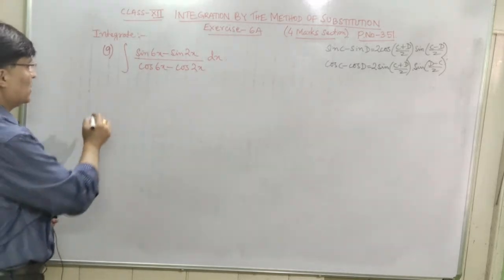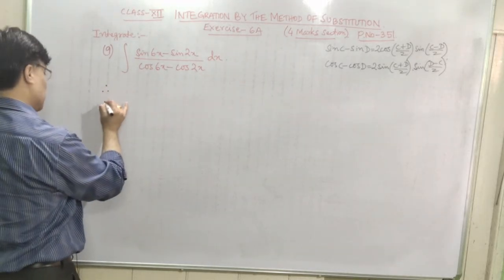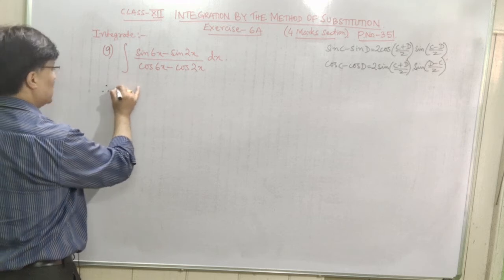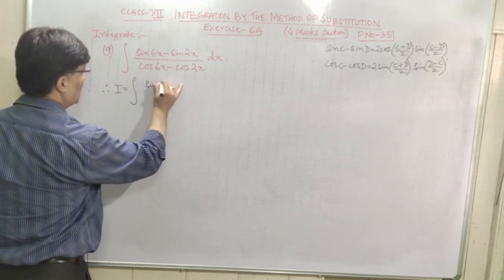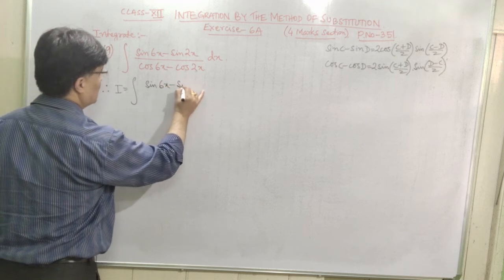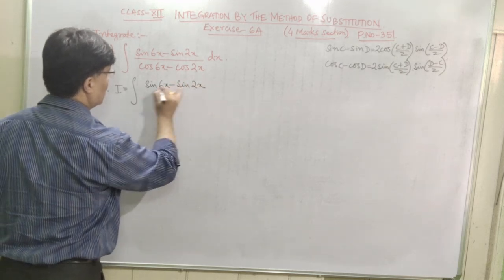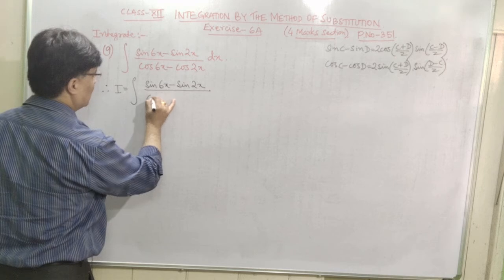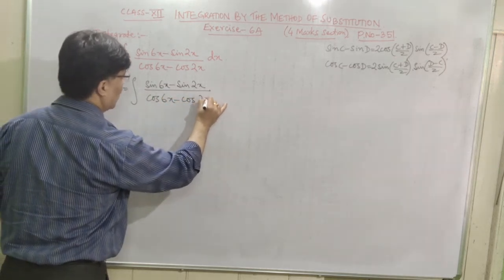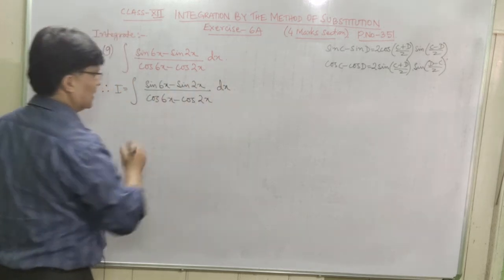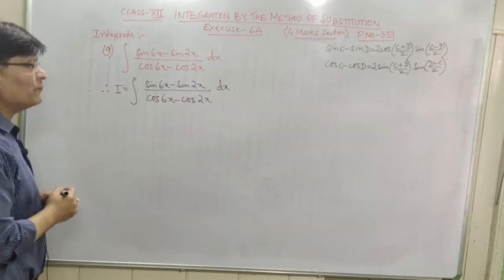Let us assume this as I. So I is equal to the integration of sin 6x minus sin 2x divided by cos 6x minus cos 2x dx. So let us use the formulas out here.